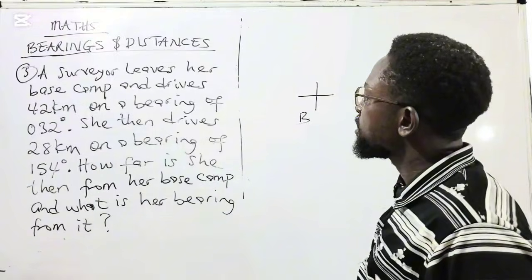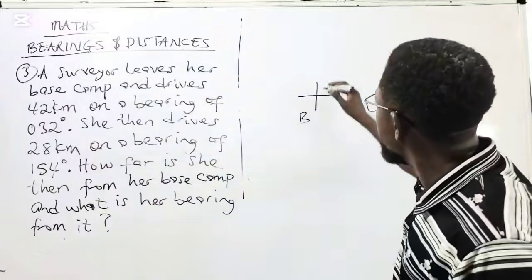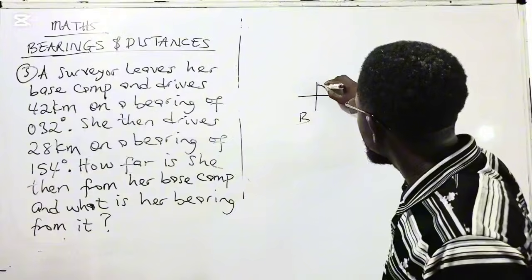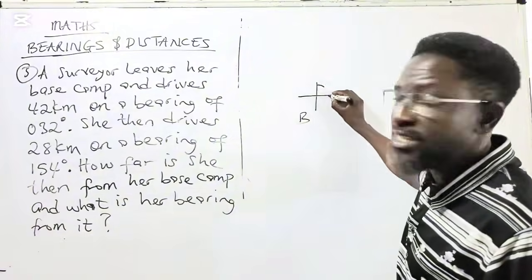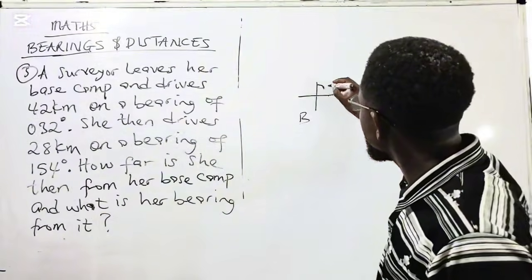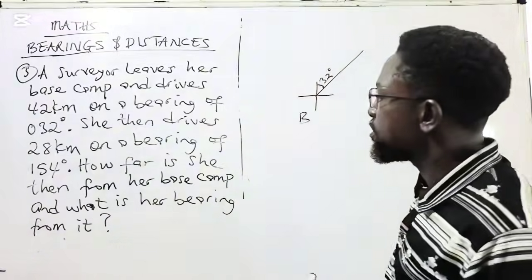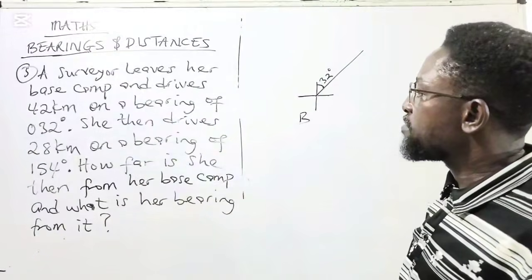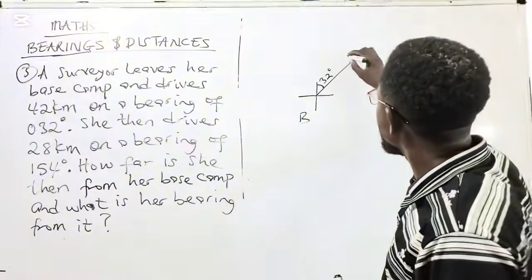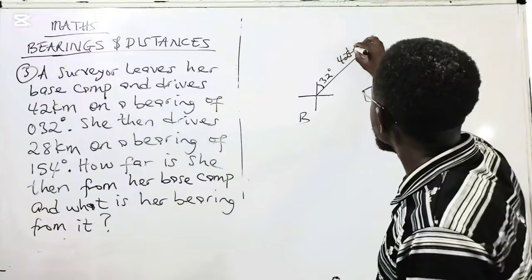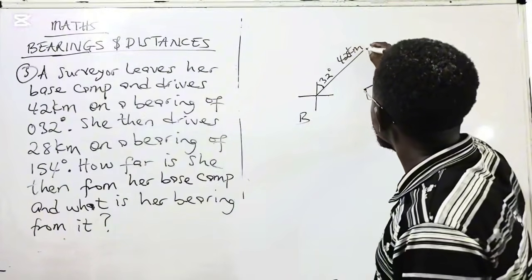Remember, I said we'll measure from the North Pole. From here to this point is 90. So 032, I can stop at any point here. Call that 032 degrees. That's 42 kilometers.